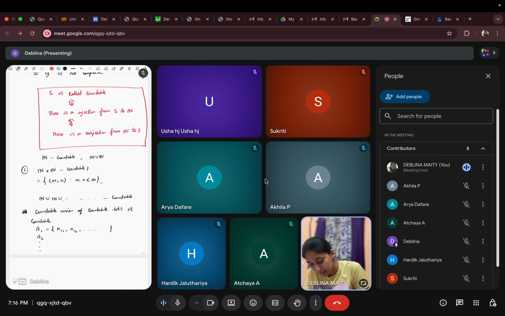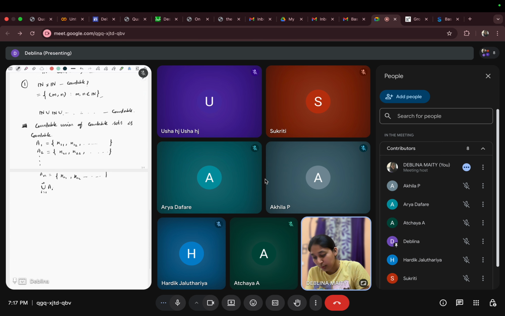And A2 is also countable, so we can enumerate like this. And An is xn1, xn2, like this. So we are going to find the union of Ai where i is 1 to infinity. We prove that this is countable.